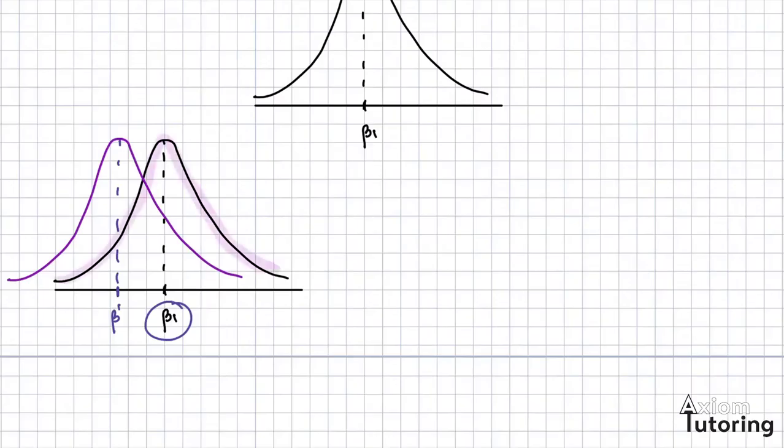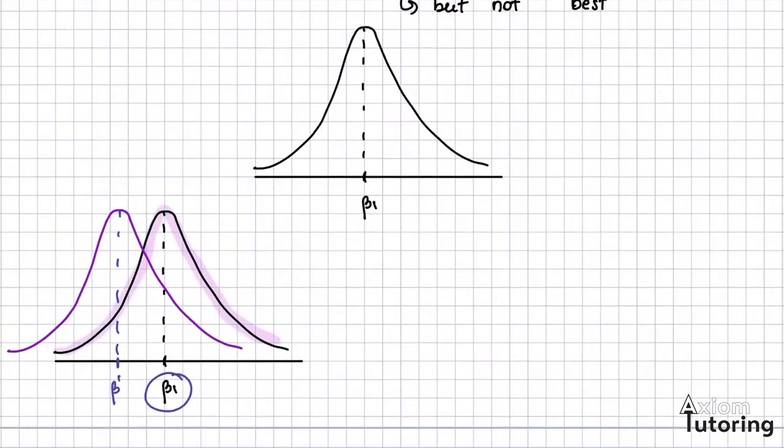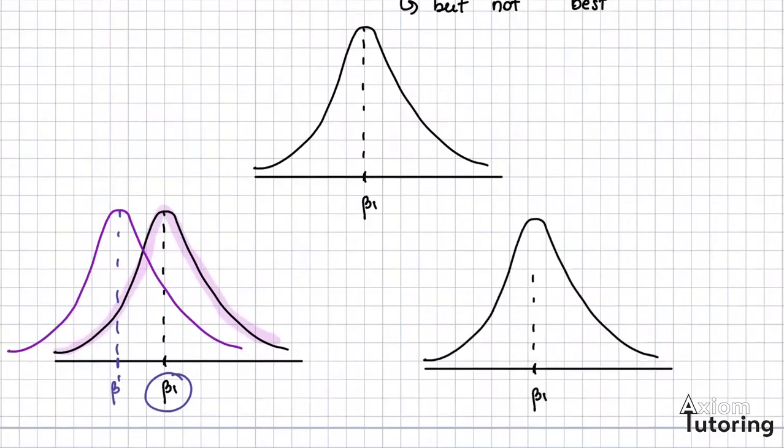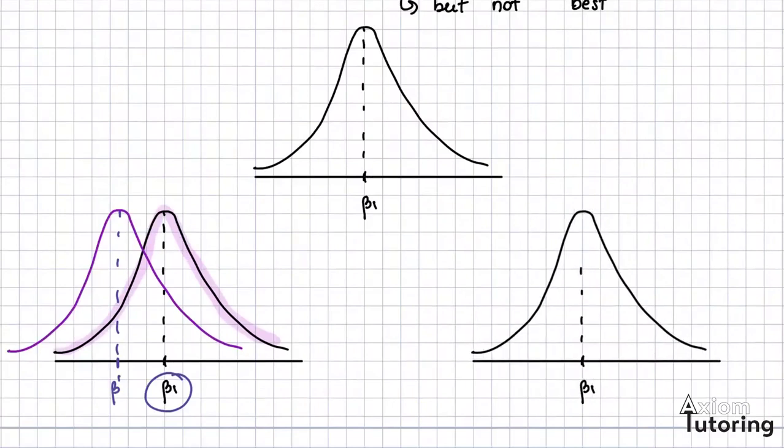Now, if we have another situation, and I'm going to show this to you, where we still have an unbiased estimator, so the mean is going to fall at the beta 1 that we had in there. However, let's say that this is what the distribution looks like. It's got these thicker tails, and it's not as centered around the true value of beta 1 as we would want.